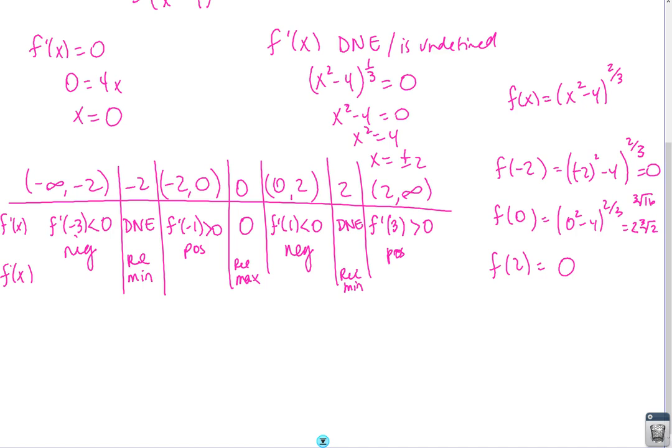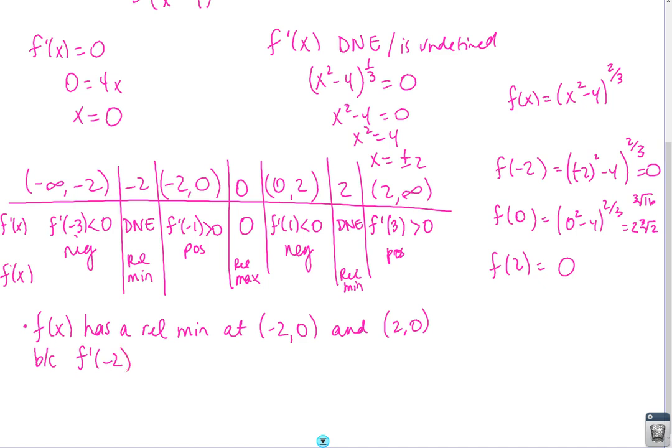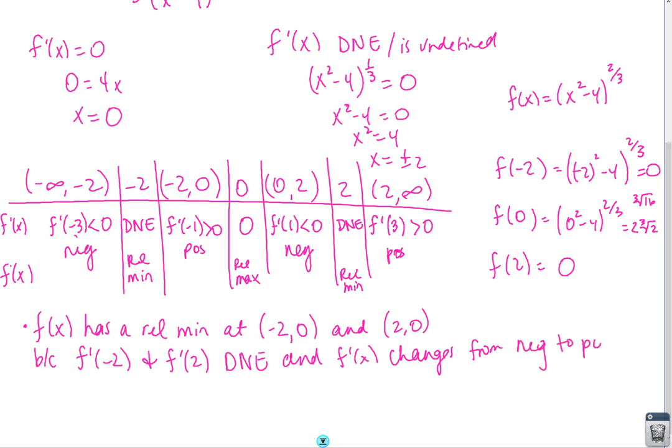Okay? All right. So f of x has a relative minimum at negative 2, 0, and 2, 0, because f prime of negative 2 and f prime of 2 does not exist, and f prime of x changes from negative to positive.